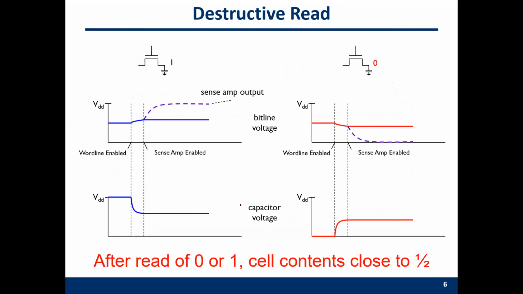Then I will explain the read operation on DRAM. So this is the access transistor. This is the capacitor. The left part is the scenario of 1. The right part is the scenario of 0. So how to read a 1 and how to read a 0. So you can see that we charge the bit line voltage.